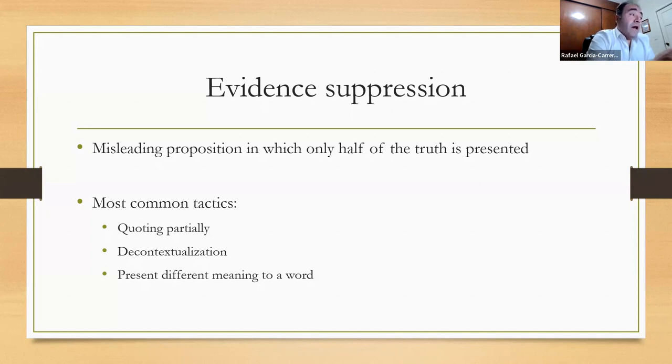And it was also a partial quote, because in the very next paragraph, the court said that we are not going to make any ruling about that argument because we have already solved the whole controversy. So there was a partial quote and also a removal of the context of the quote.